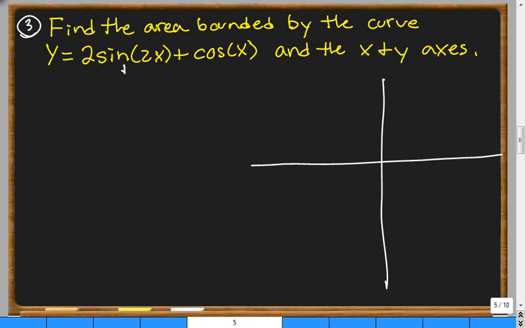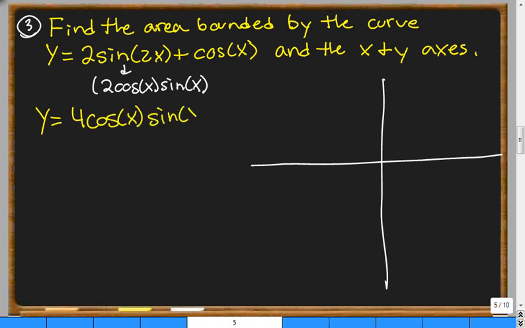One thing I do know is that the sine of 2x is the same thing as 2 cosine x sine x. So you could say y equals 4 cosine x sine x, plus cosine x.